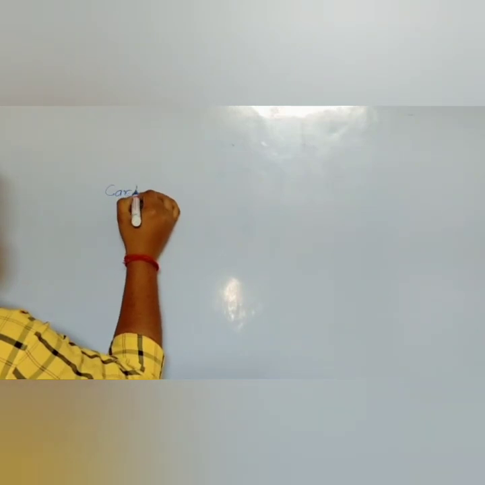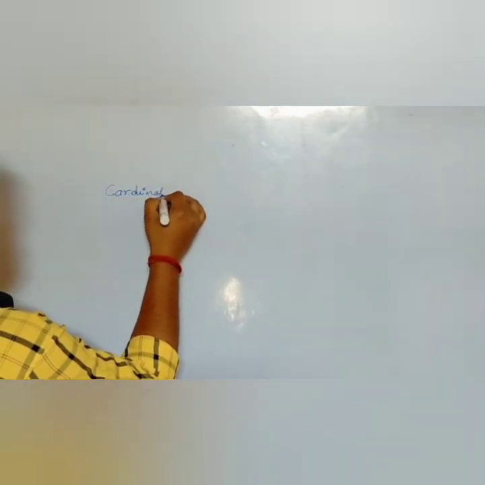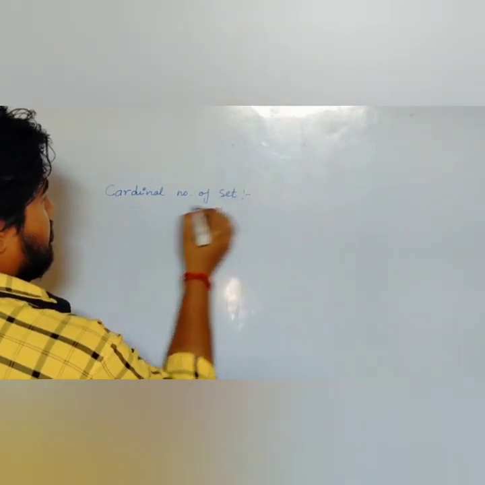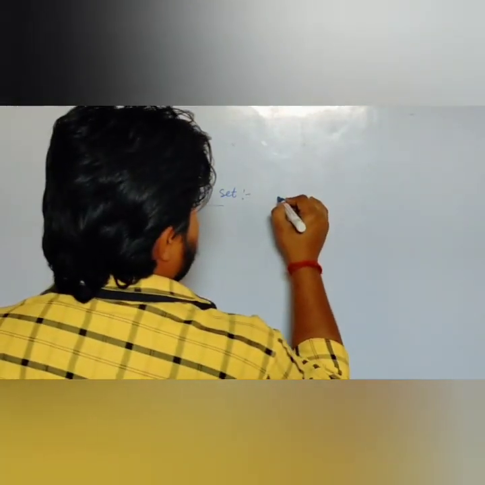Cardinal number of a set. Cardinal number means the counting number of a set.